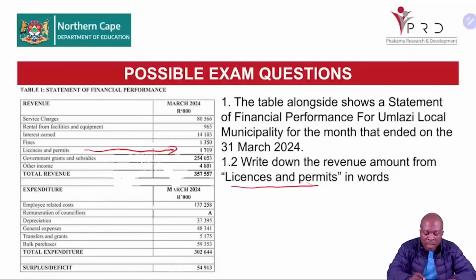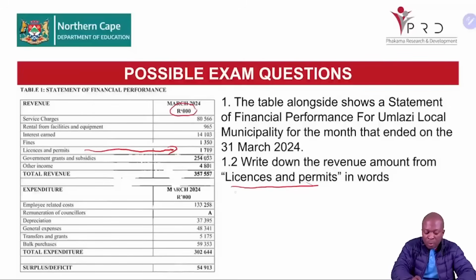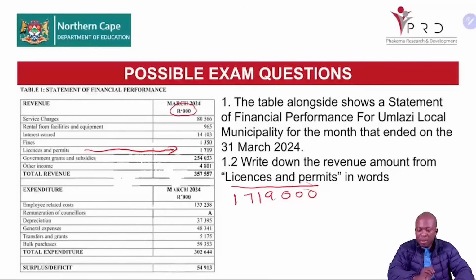If you look up there, they're saying R000, meaning whatever value that you see there, it ends with 3 zeros also. So here, can you see it's 1,719. Good. Then if you add the 3 zeros, it's going to be 1,719,000.